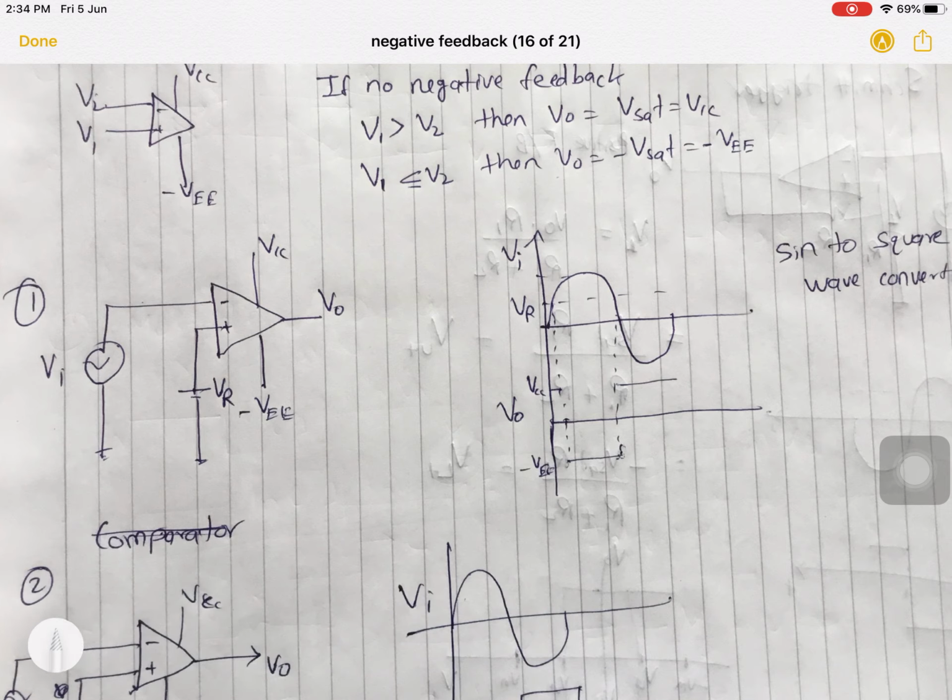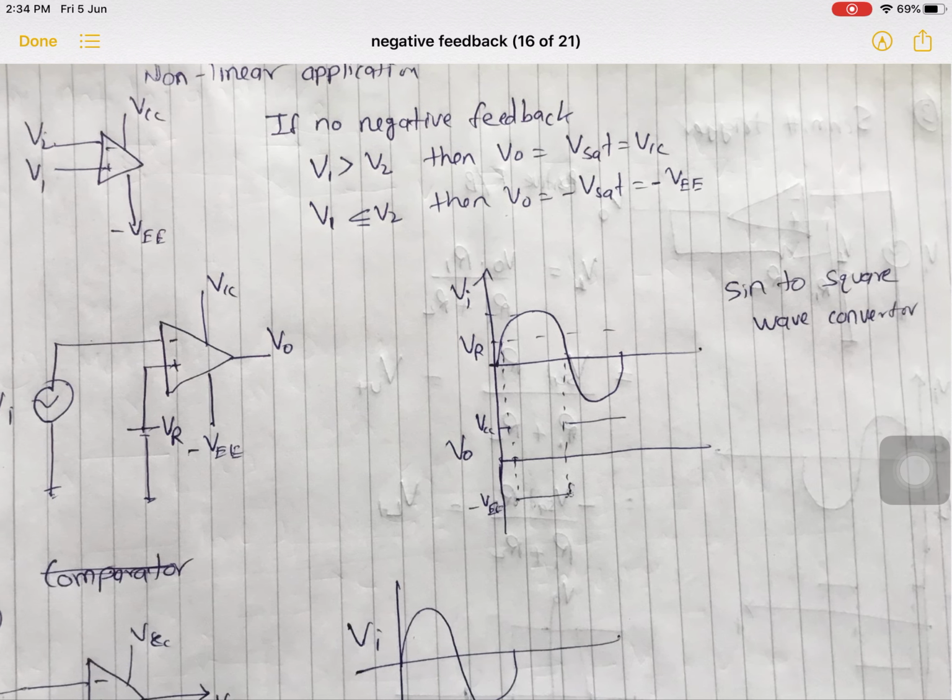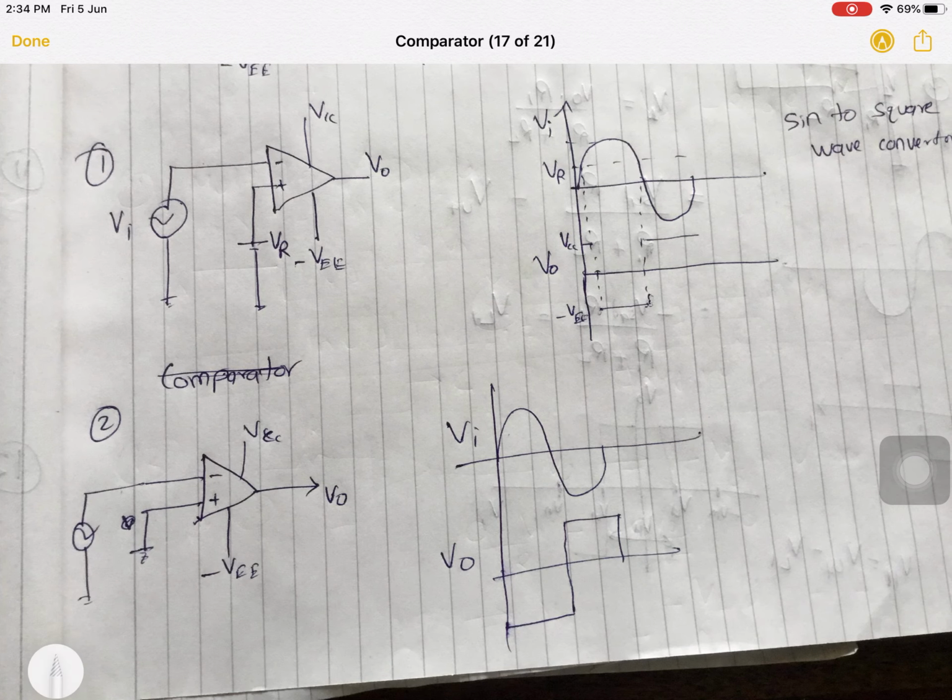Similarly, one of the other applications of non-linear is the comparator. We have used comparators many times when we design a circuit. What is a comparator? It checks the value of the input against a certain voltage and changes the output as per the requirement. For example, in this circuit, this is Vi, this is V plus.